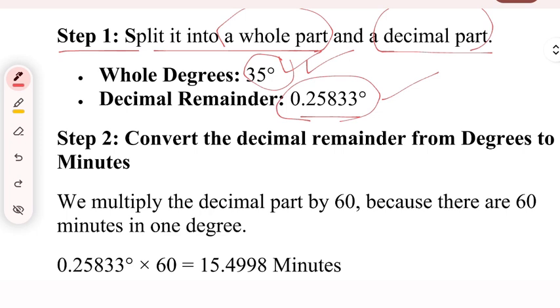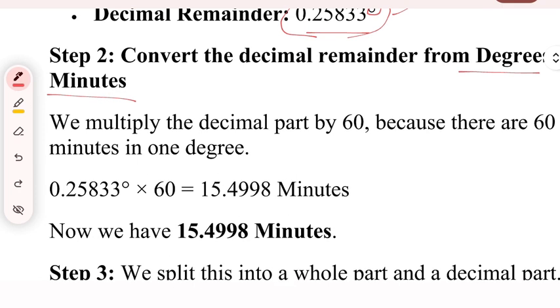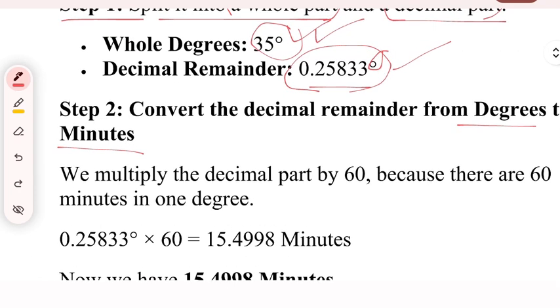So we start with the decimal 0.25833. Since that is in degrees, we will convert it into minutes. We will multiply it by 60, remember? Degrees to minutes. How many minutes are there in a degree? 1 degree is 60 minutes.